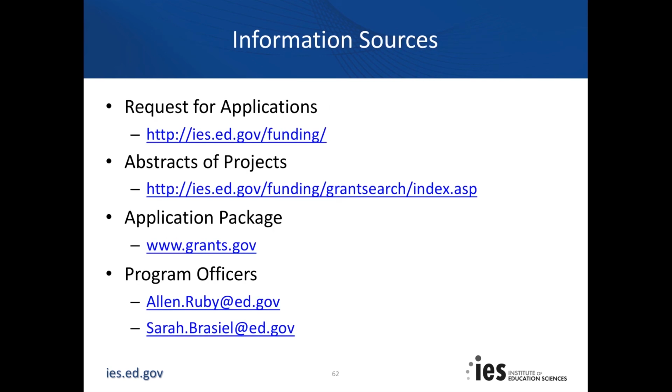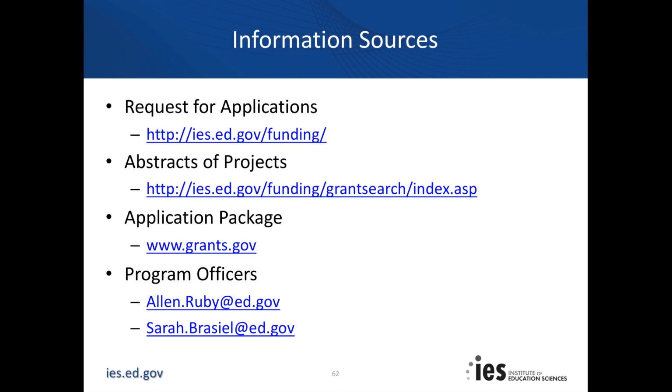This slide lays out some of the sources for information. The request for application is on the IES website. Abstracts of projects can be found on the grant search engine on the IES website. Under program, put in evaluation of state and local to get a listing of projects that have been funded under this grant program. The actual application package you'll fill out comes from the website for grants.gov.